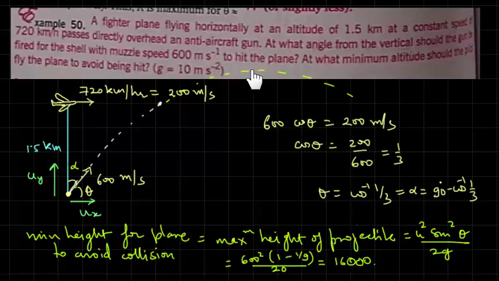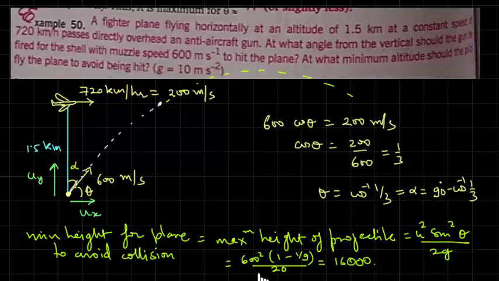For maximum height we already have the formula for the height of the projectile, which is u square sin square theta by 2g. Here theta is again 90 minus cos inverse 1 by 3. So sin square of this will be cos square of this, so it will be 1 by 3, and squared will be 1 by 9.